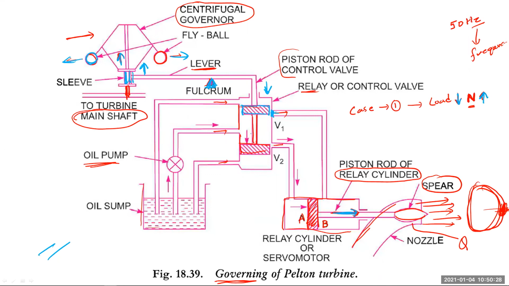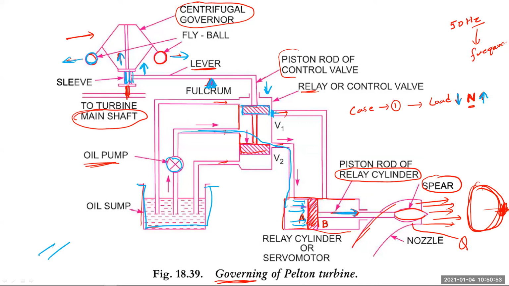If V2 will be open, then the oil from this oil sump, this is your oil pump, this pressurized oil will go in this direction and it will move to your valve V2 and it will come down and it will apply a force on side A of this piston of your relay cylinder.